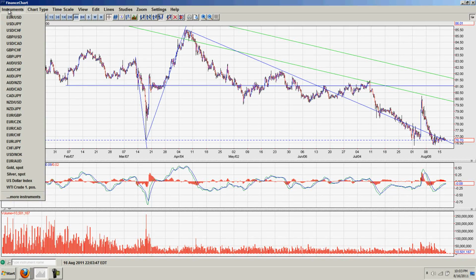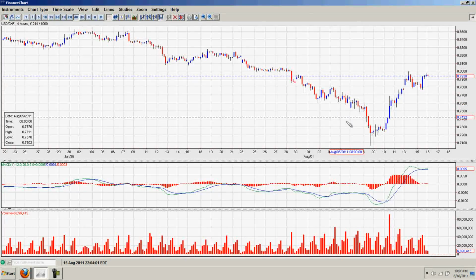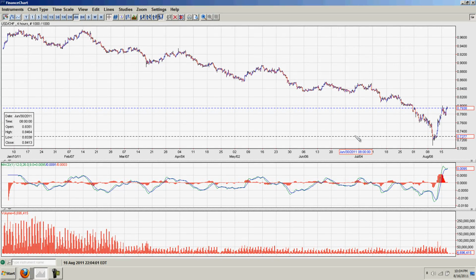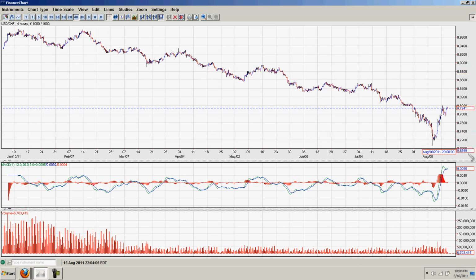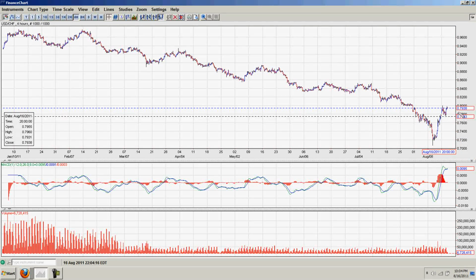So let's look over at the Swiss franc, and this is actually an intervention that is still going on. The low we touched was almost 70 Swiss cents to the dollar. We're up to 79, so you can see that's a big rally. That's 70 to 79, more than a 10% rally.